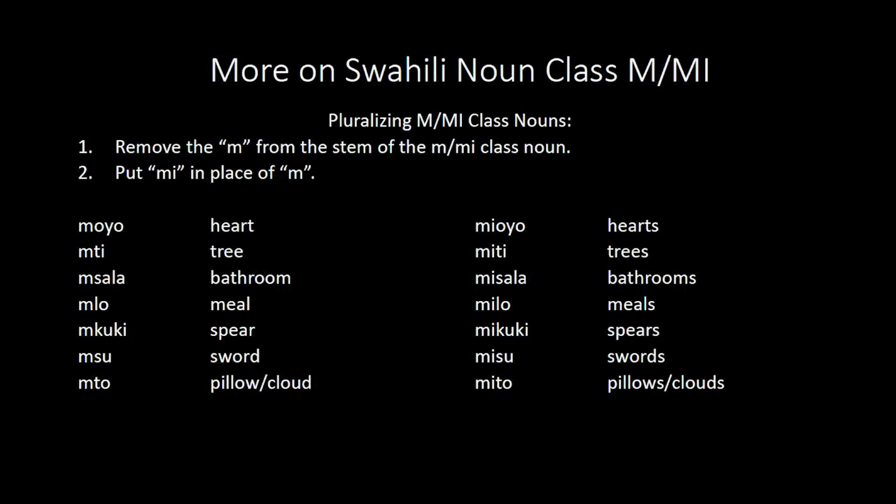Umto. Pillow or cloud. If you take the M off and add MI, umto becomes mito, pillows or clouds. Very good. Hopefully you're getting it.